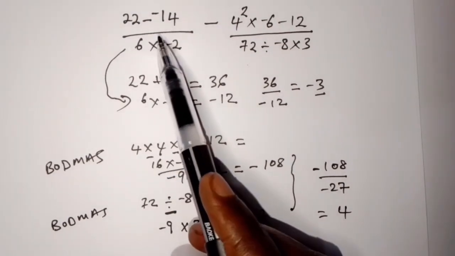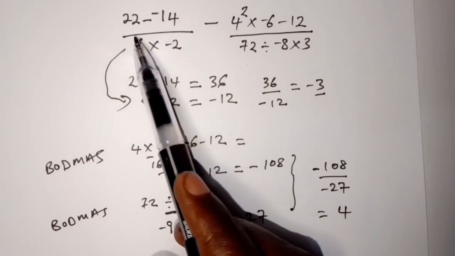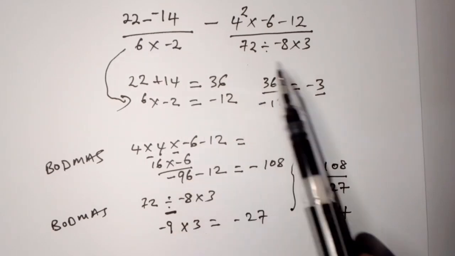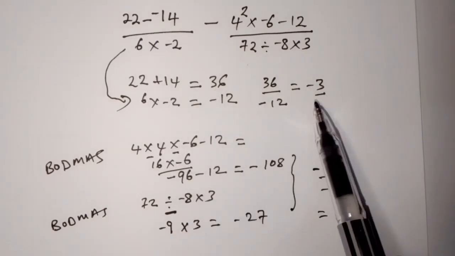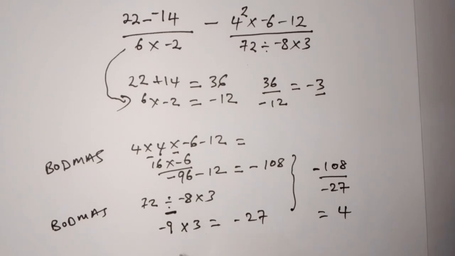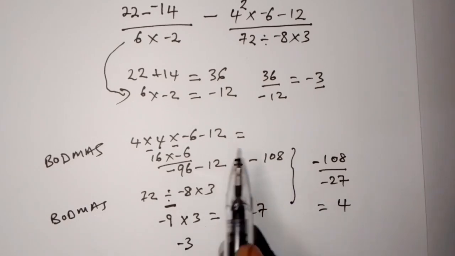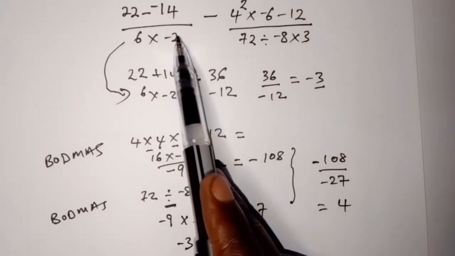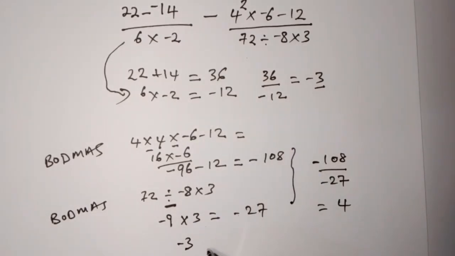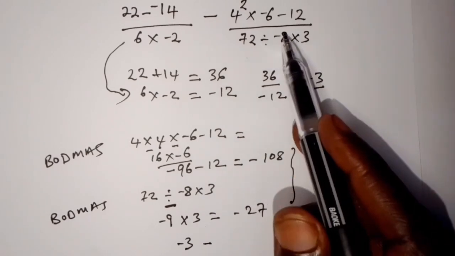Now this one here has given us a negative 3. So we can say that negative 3, this side is negative 3, minus, this side is a 4.